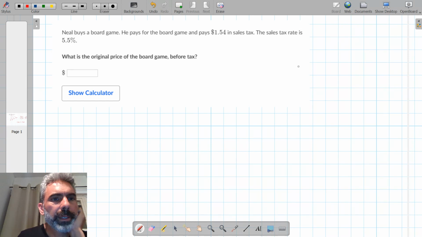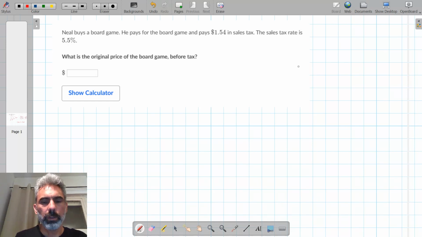Neil buys a board game. He pays for the board game and pays $1.54 in sales tax. The sales tax rate is 5.5%. What is the original price of the board game before tax?